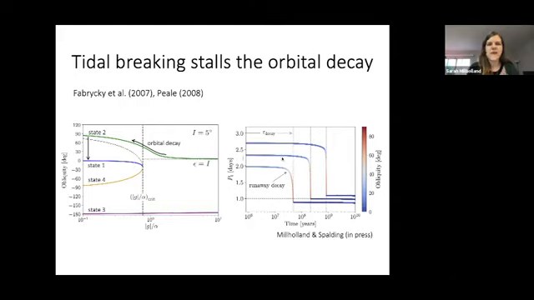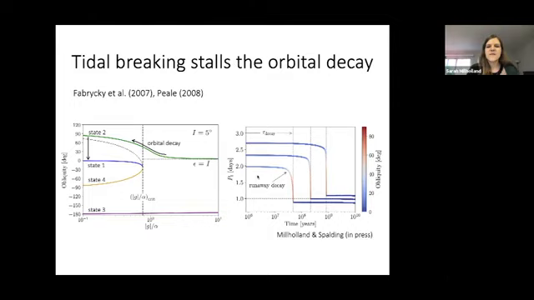On the right here, I'm showing a couple of examples of this runaway orbital decay, where the color bar is the obliquity. I'm showing this for different initial conditions. The decay you can see goes runaway at some rate at which the orbital decay becomes really fast, and eventually gets to a really high obliquity that breaks out of this state and settles down onto a much smaller obliquity that stalls its orbital decay at ultra short orbital periods.